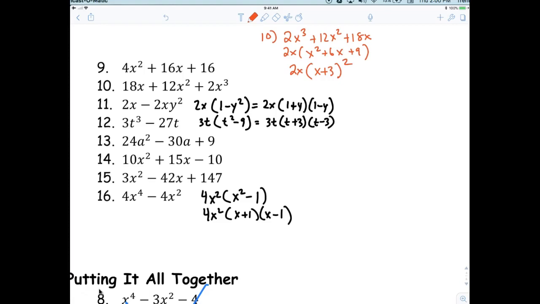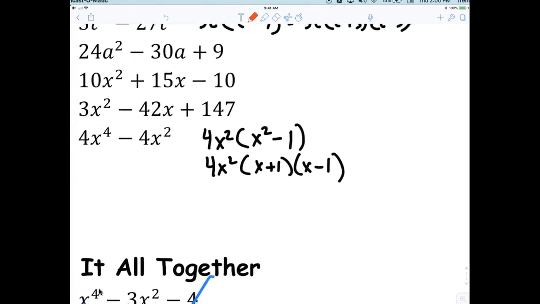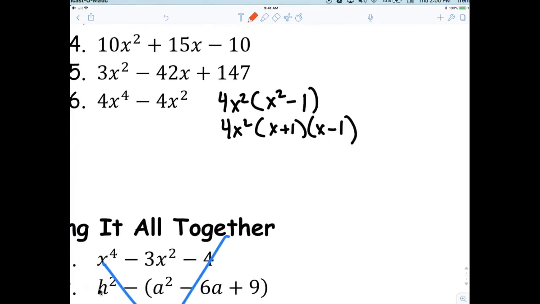All right, let's look at 15 for a quick second. What is common on 15? It's hard to see that 147 is divisible by 3, but if you add the digits up, you will see that's 12, so that makes it divisible by 3. So 3 times 49, I believe, is 147.